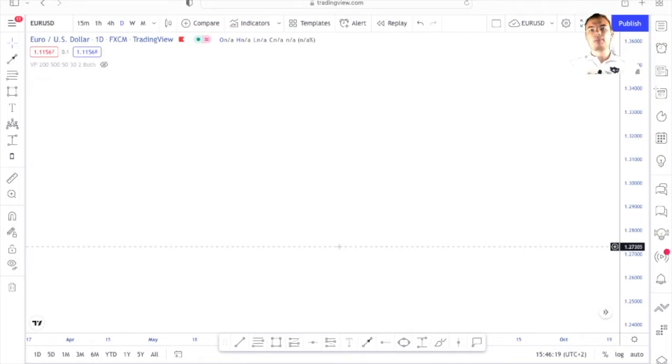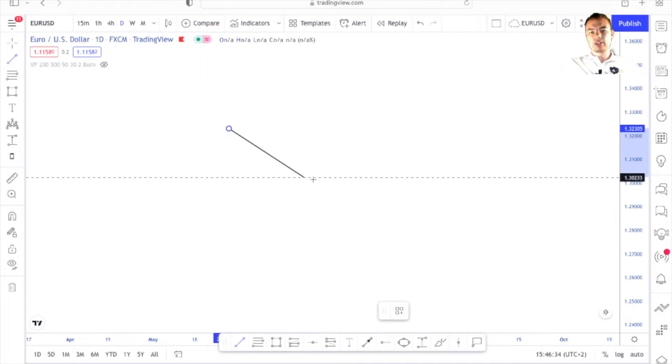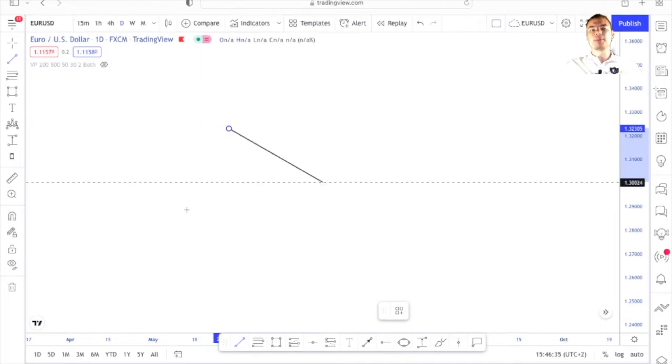Symmetrical means both trend lines are such that the top one is a descending trend line and the bottom one is an ascending trend line. So you'll have your descending trend line like this, making lower highs basically. And then your ascending trend line like this, making higher lows.